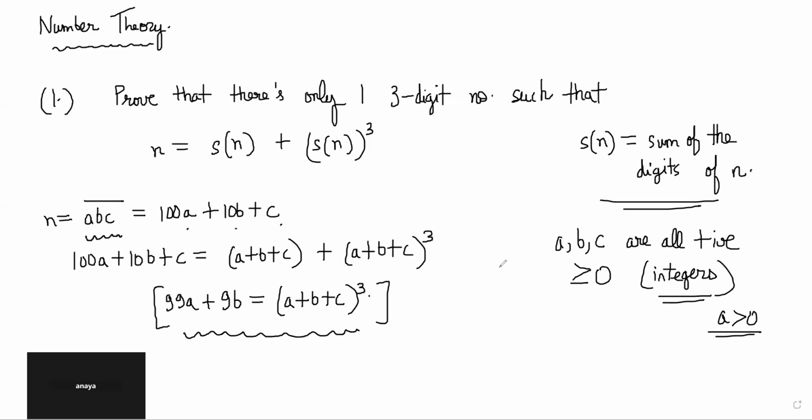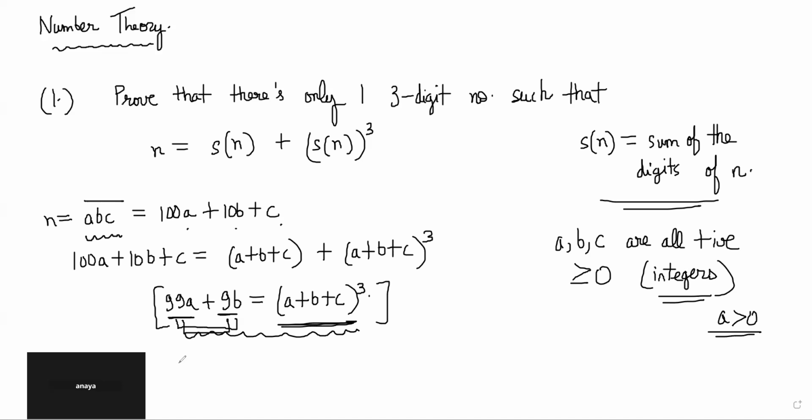If they are integers, then obviously you can say what is the maximum value of this, when a is 9 and b is 9. So we can figure out the maximum possible value, and then we have an upper bound, right?